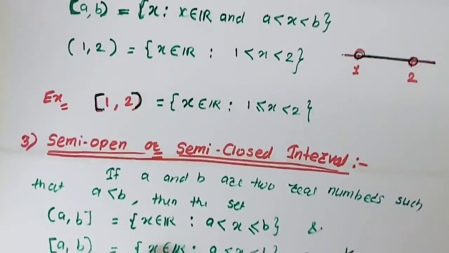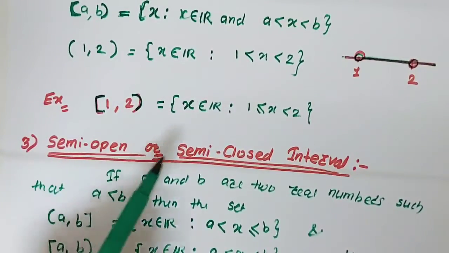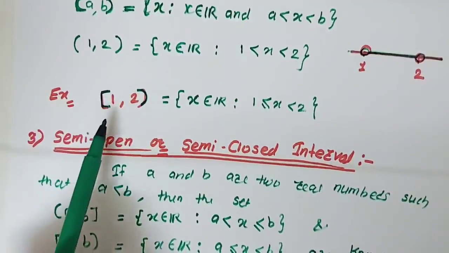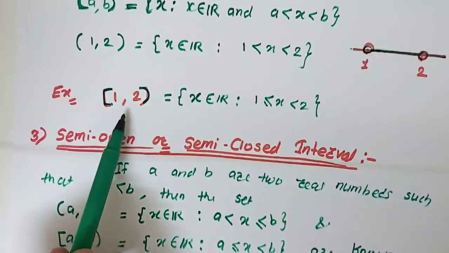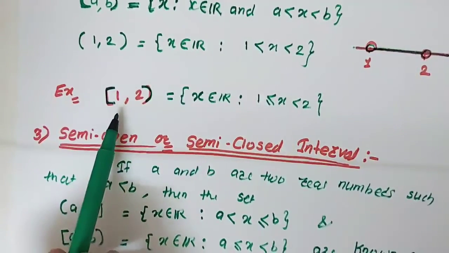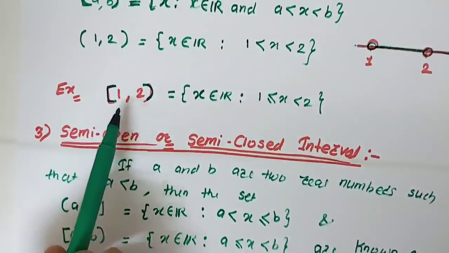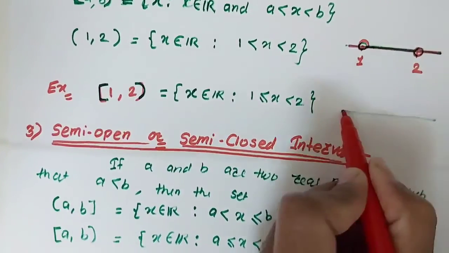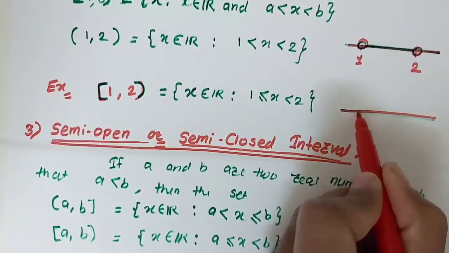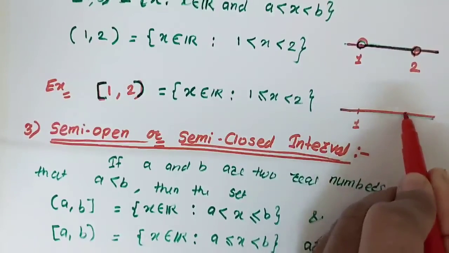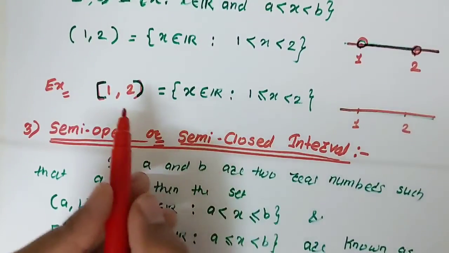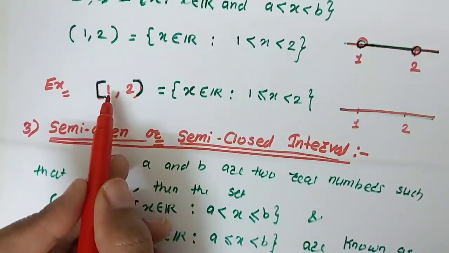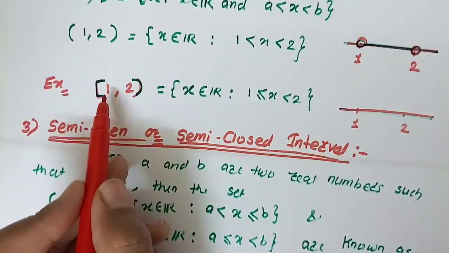Similarly, if we want to denote the semi-open, semi-closed interval, here is one example: closed 1, open 2. So the semi-open, semi-closed interval 1, 2. Here we consider the real line. This is point 1, point 2. Now we are closing at 1, that means 1 is included in our interval.